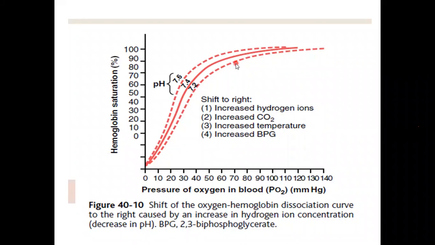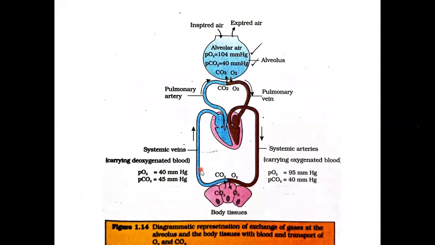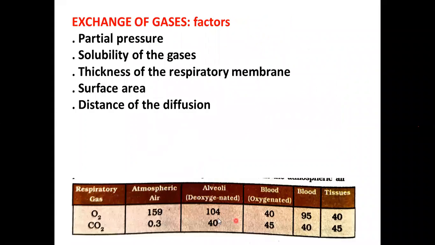Now, when the pressure of the oxygen decreases, the percentage of the hemoglobin also gets reduced. So, you know that in the alveoli, we have a partial pressure of around 100 mm of Hg with respect to the oxygen. But when it reaches the tissues, it almost gets reduced to 40 mm of Hg.